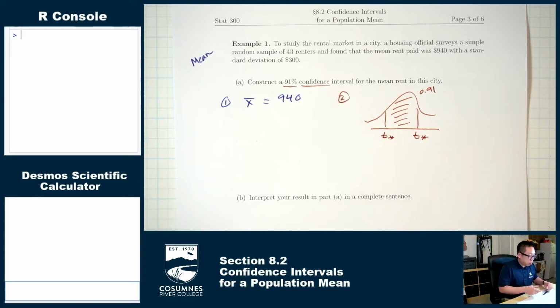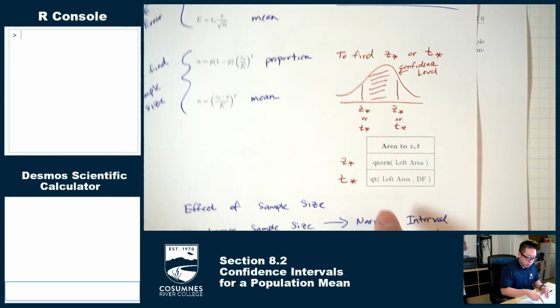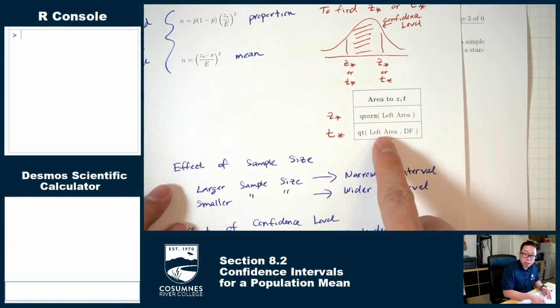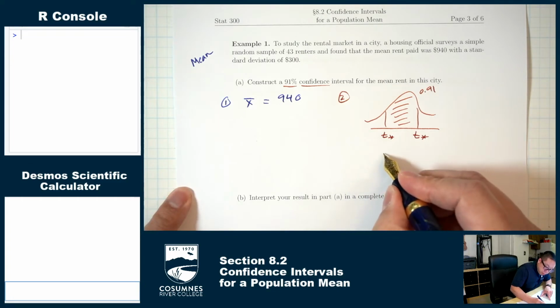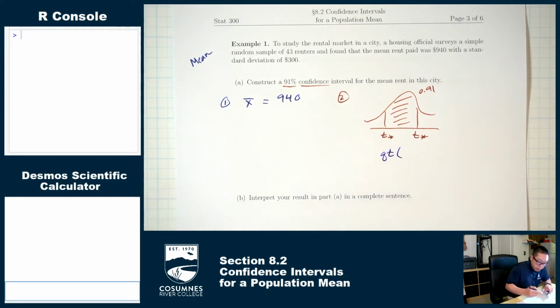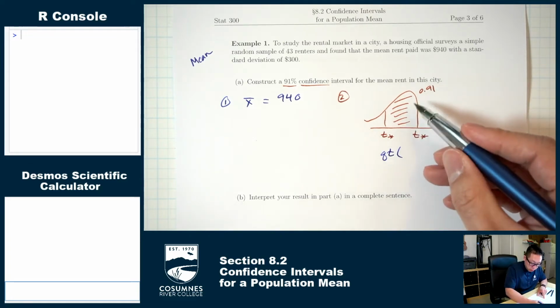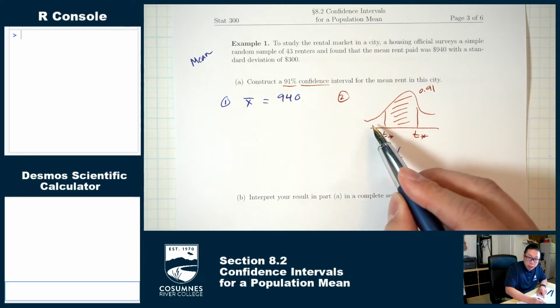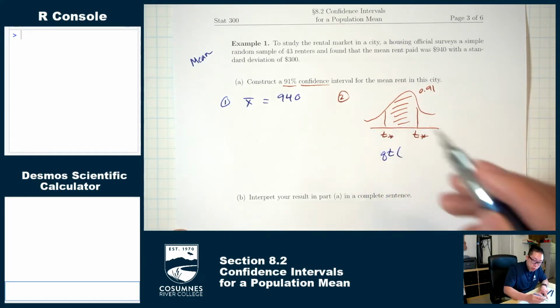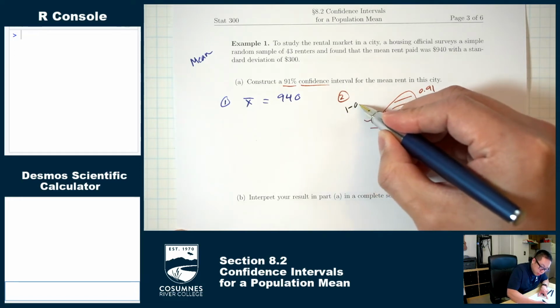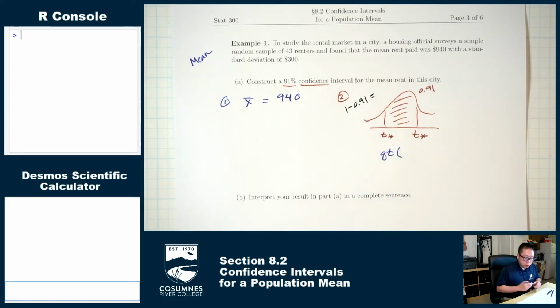And so to find t star, the command in R is going to be qt, left area, df. So we're going to do qt, left area, df. What's the left area? 0.91 is the area in the middle, right? I want this unshaded part on the left here. So to get that unshaded part on the left, I'm going to first do 1 minus 0.91, which I think is 0.09.